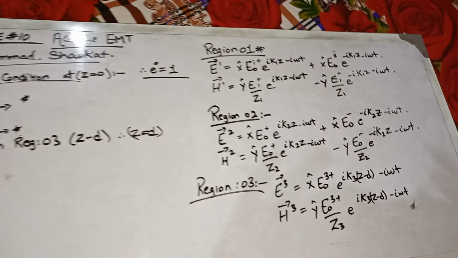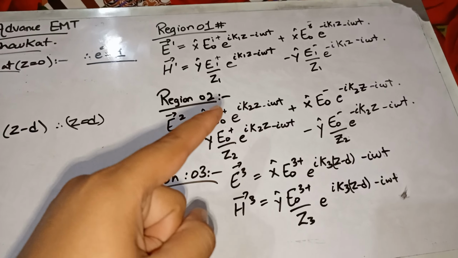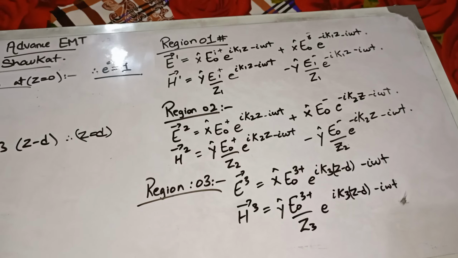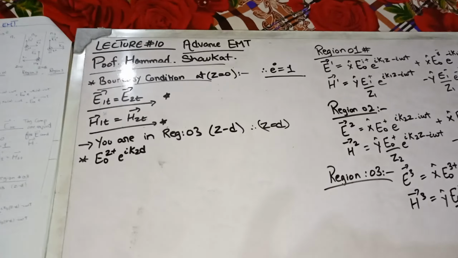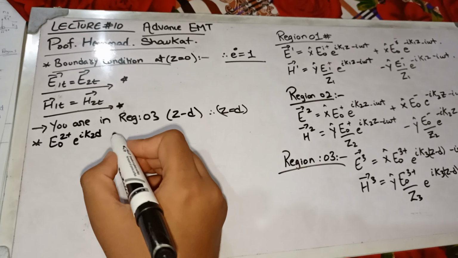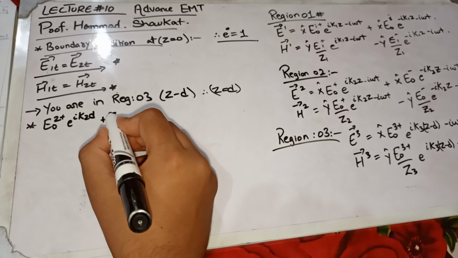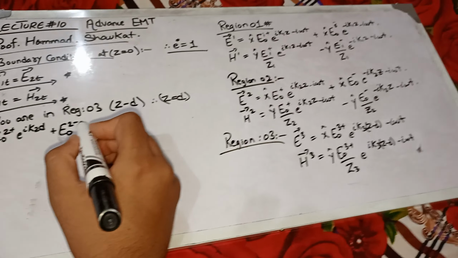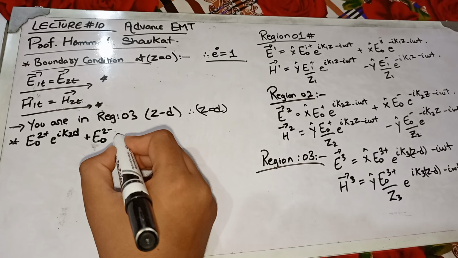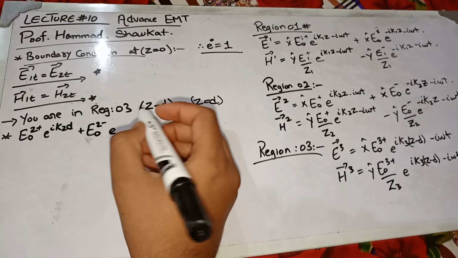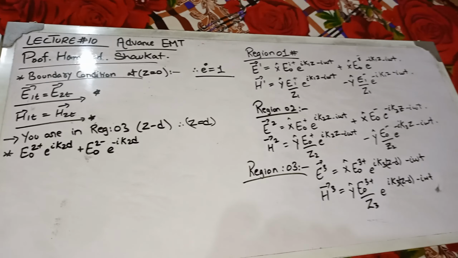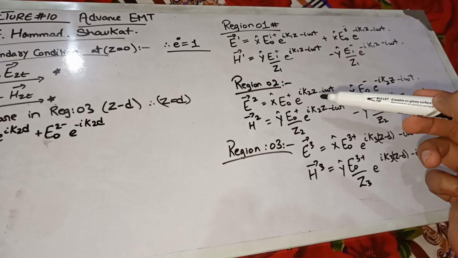And as you can see, taking e power minus iota omega t from this, now again for this term, it becomes plus E naught 2 minus, and then e power minus iota k2 d. Why are we not writing e power minus iota omega t?